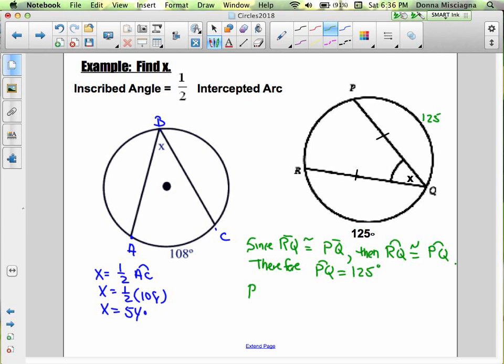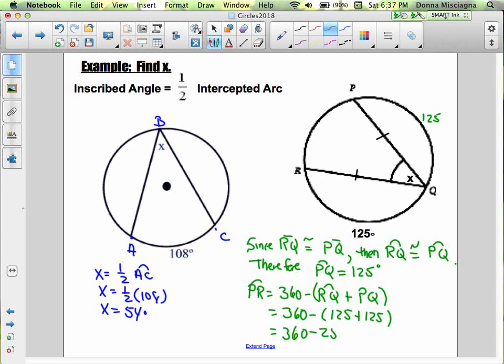So PR is going to be equal to 360 degrees minus the other two arcs, minus RQ and PQ. And we do need parentheses there because we're subtracting that whole quantity. That means that arc PR is 360 minus 125 plus 125, which is 360 minus 250, or 110 degrees.